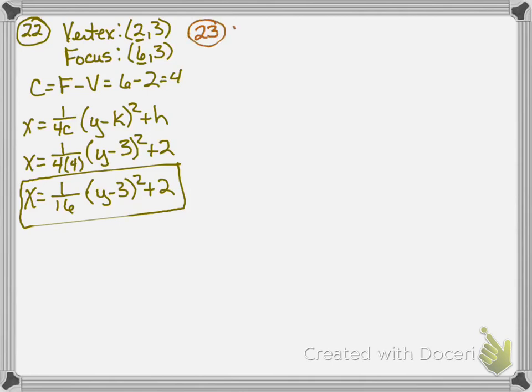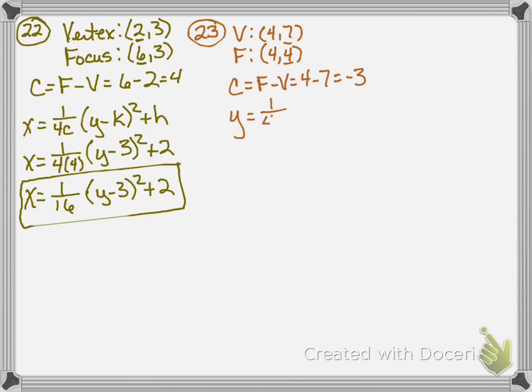Number 23 is vertex at (4, 7) and focus at (4, 4). I see the change in my y's here. Okay, my c is equal to focus minus vertex. 4 minus 7 is negative 3.